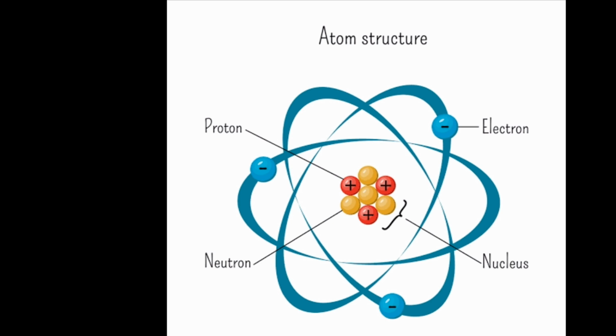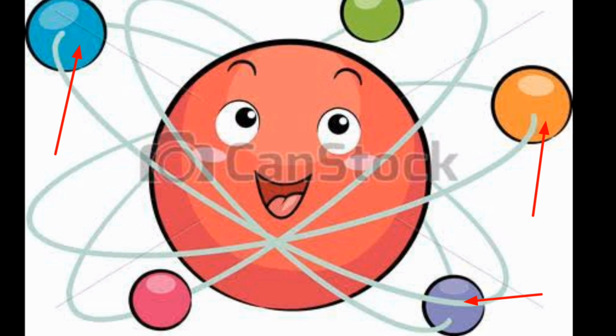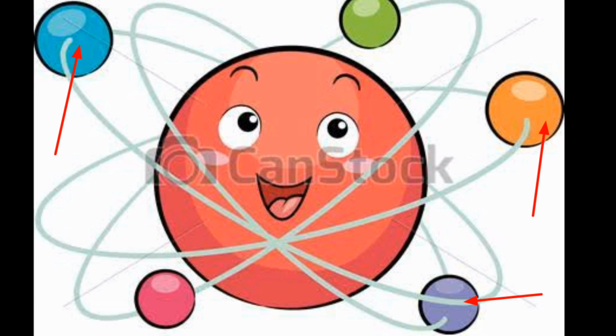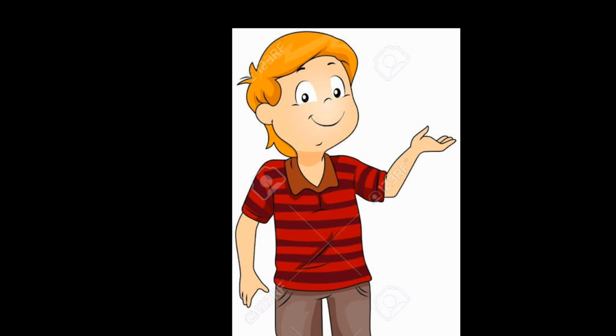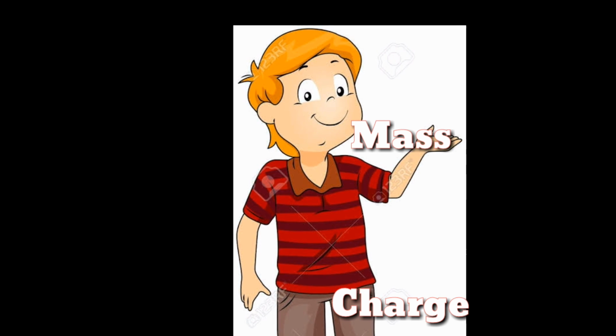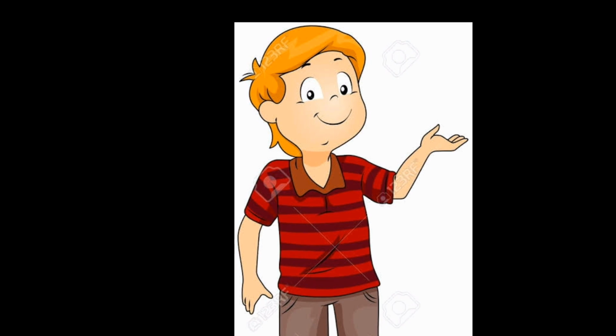The nucleus, in the center of the atom, contains protons, which are positively charged, and neutrons, which have no charge, and the electrons, which are negatively charged, revolve around the nucleus. These are all responsible for the different mass and charge of a particular atom.